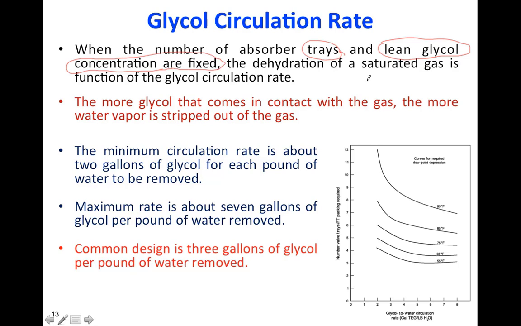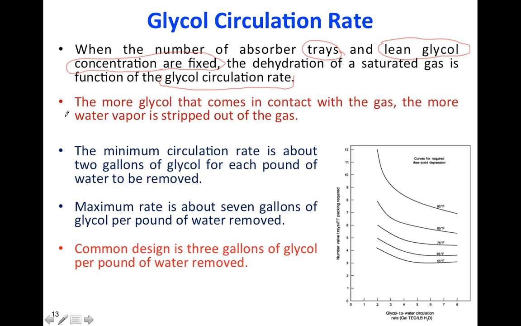Both the concentration and number of trays can affect our separation, dehydration capacity, right? So if these two are fixed, another parameter that we can play with is the glycol circulation rate. Circulation means the flow rate of the glycol that is moving inside the two columns, inside the absorption and the regeneration column.